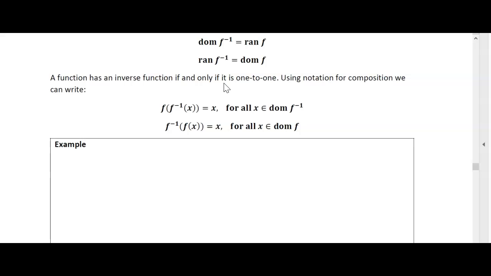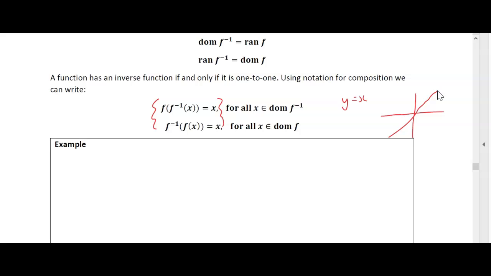Now, what this means is if you were to substitute the inverse into the original function, you're left with y equals x. That means if I were to sketch the line y equals x, it should be a straight line going through the origin like so.